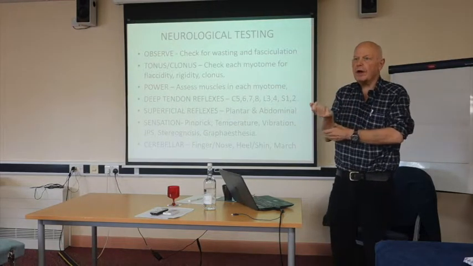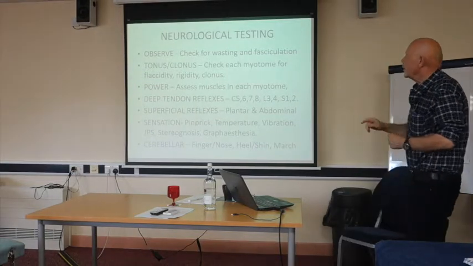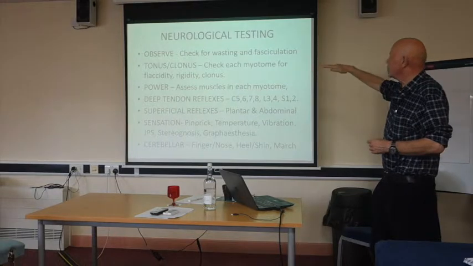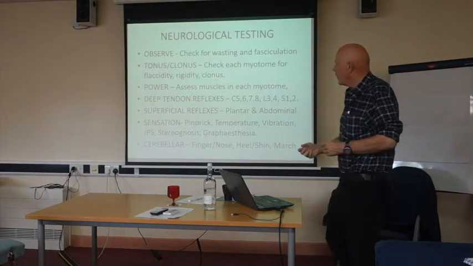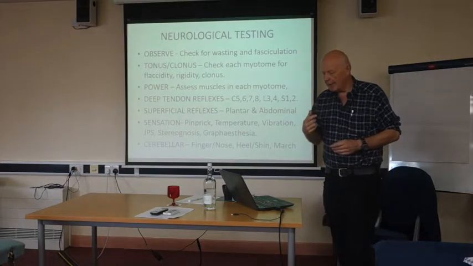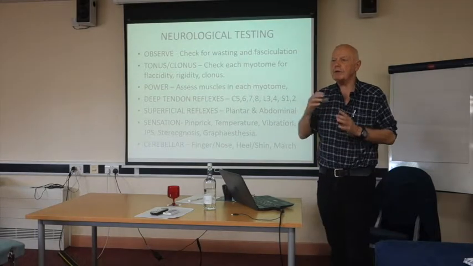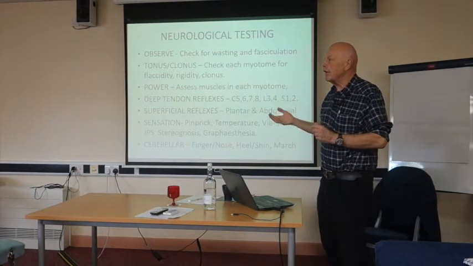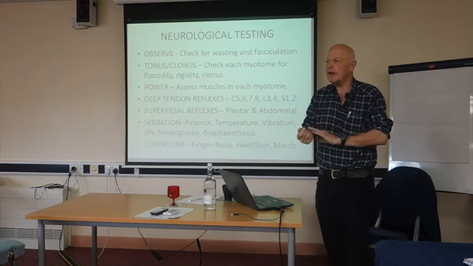And we'll do the practical of that when we get there. So, observation, checking for tone and clonus, and then you check for power. The muscles supplied by a particular nerve root is called a myotome. So for each myotome you check for the power in the muscle using a standard power test.